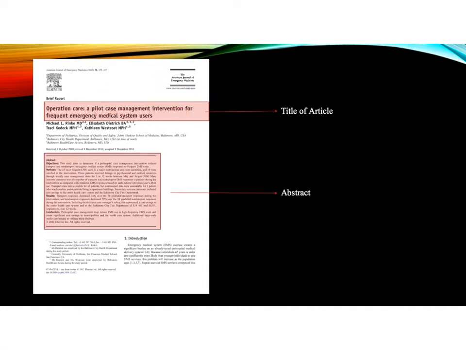The next part of the article that you want to be mindful of is what's called the abstract. The abstract is a brief, non-evaluative summary of what the article is about. It's going to go over the objective or the purpose of the article, the methods, the results, and the conclusions that it comes to.